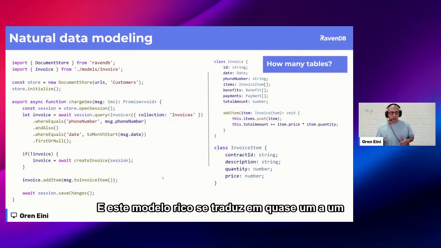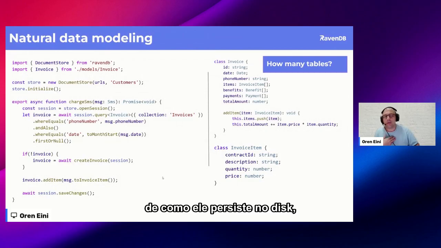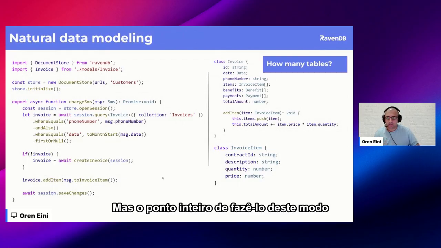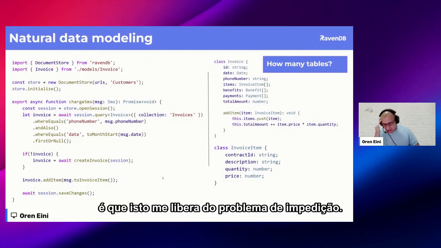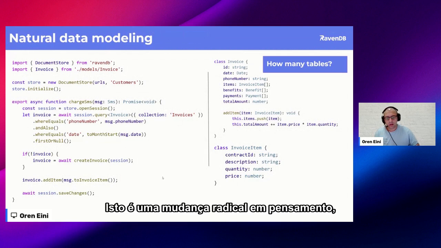And this rich model is translated almost one-to-one to how it persists to the database, then to disk. The whole point of doing it in this manner is that this frees me from the whole impedance mismatch. This is a radical change in thinking, but it has tremendous benefit for you.